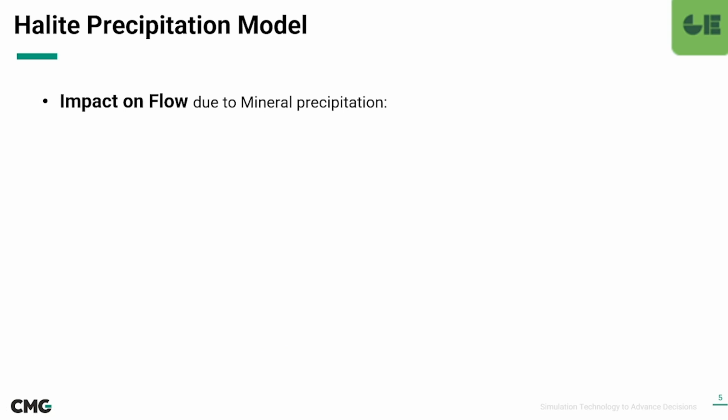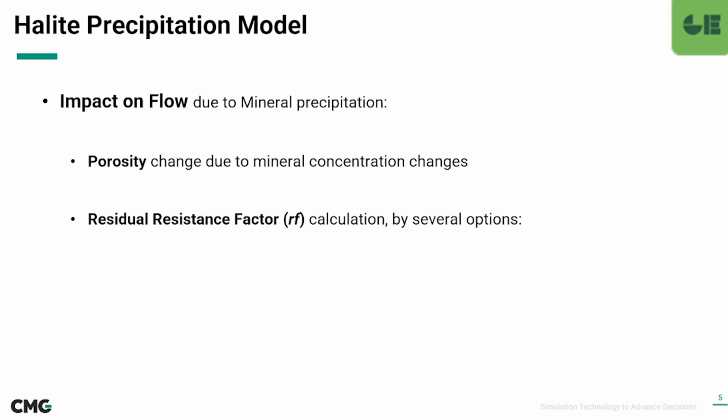And then for the impact on flow due to mineral precipitation, we will have two options. One is the porosity change due to mineral concentration changes. This is a default option in GEM as soon as geochemistry is enabled. And then optionally the user can activate the option for calculating the residual resistance factor, which is calculated on a phase-by-phase basis by several options.